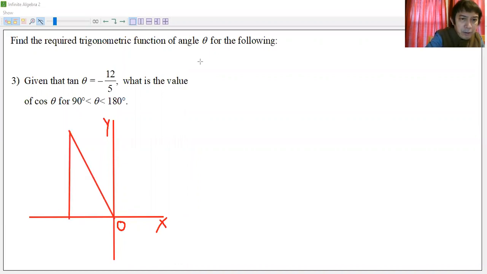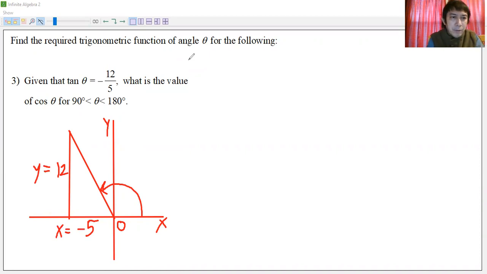Okay, and let this be our theta, like that. Okay, all right, and so we're looking for negative 12/5 tangent, so that must be the 12 here and the 5 over here, and this must be negative, and this will be for y, this will be for x.